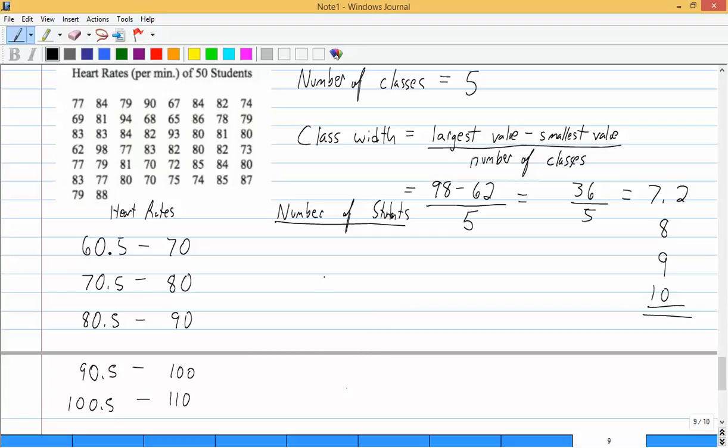So 77 would be in this class. 84 would be in this class.